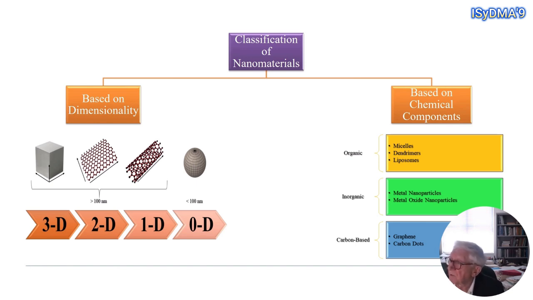And finally, the carbon-based ones, including graphene and carbon dots. Those two are very important for different applications. So this is the main point I want to mention related to nanomaterials from 100 nanometers down to 1 nanometer.